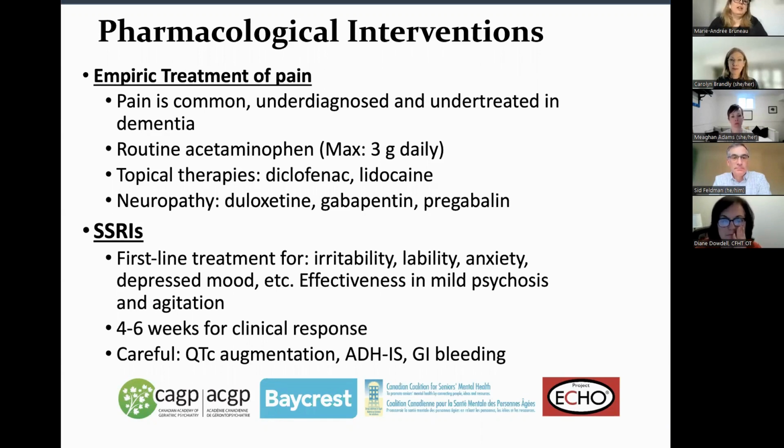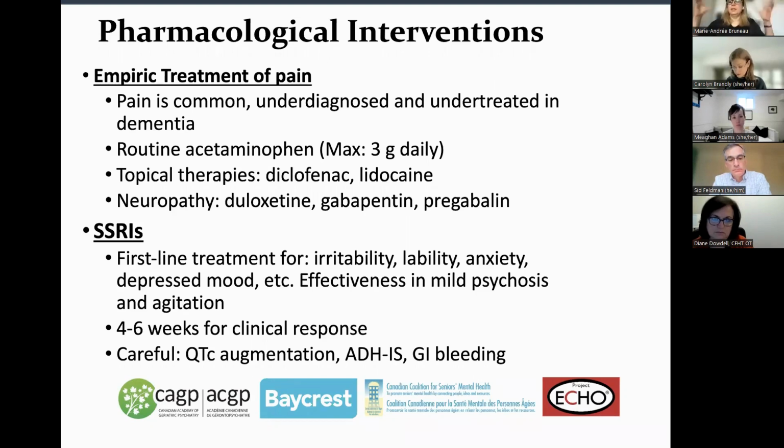So why is that? Well, we know that pain is common, and there's an article, I have the reference if you're interested, where they built an algorithm with stepped treatment of pain, and at the first level was just acetaminophen regularly for all patients.